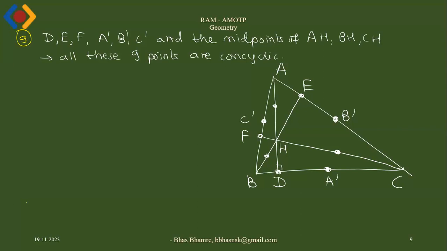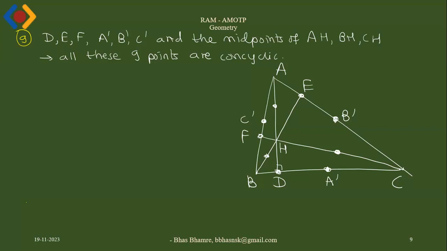So if AA', BB', CC' are concurrent, then automatically AD, BE, CF are concurrent and they lie on the same circle, because we have shown that by taking the circle. I think we have done that result on 29th October 2023, and we also made the remark.